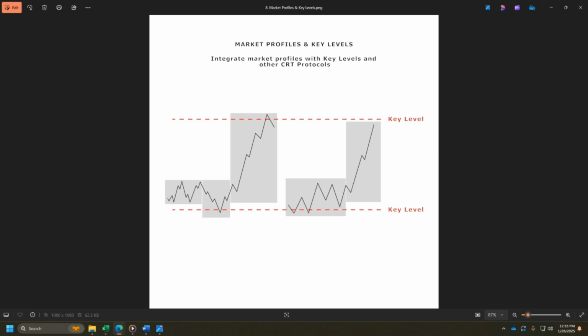So you have the high and the low of certain candles creating a range, and then you have other candles afterwards representing different phases of the market sequence.